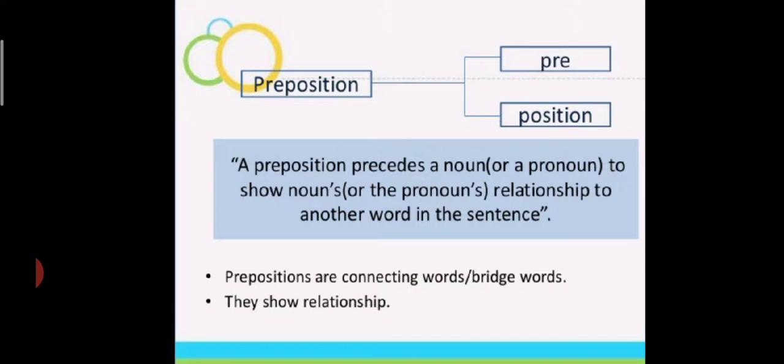A preposition precedes a noun or a pronoun to show the noun's or the pronoun's relationship to another word in the sentence. Or in other words, you can say prepositions are connective words or bridge words, or they show relationship.